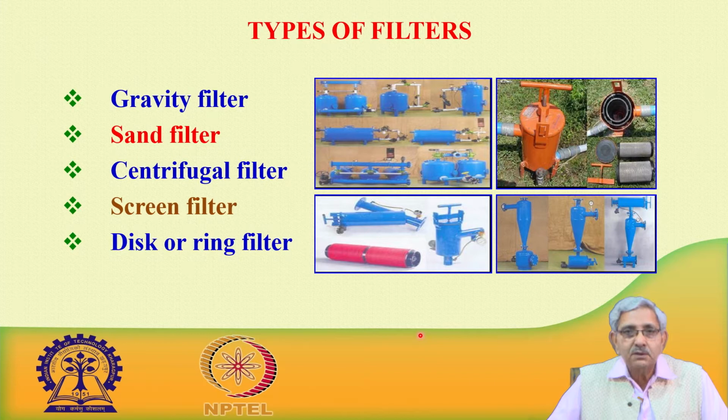and suspended solids available, one has to select a particular type of filter or filtration method. So, these filters could be of these types. It could be a gravity type filter, a sand filter, a centrifugal filter, a screen filter, disc filter or ring filter.